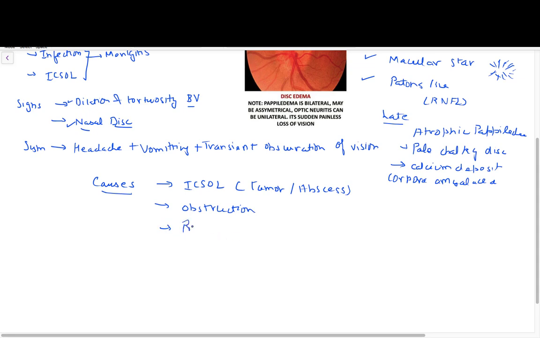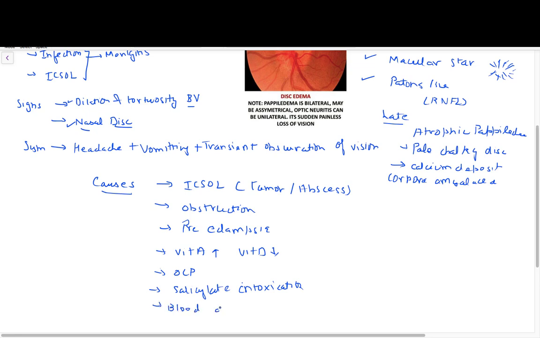Then a few important causes that you should know are preeclampsia, vitamin A toxicity, vitamin D deficiency, sometimes OCPs, salicylate medication, blood dyscrasias, and spinal cord tumors. These can also lead to papilledema.